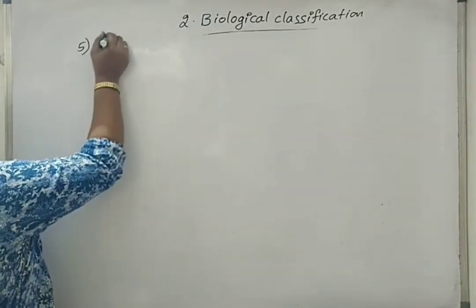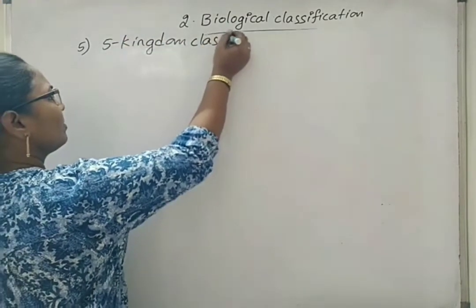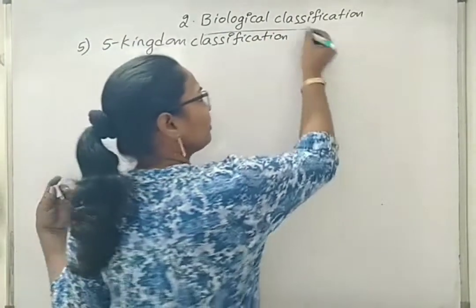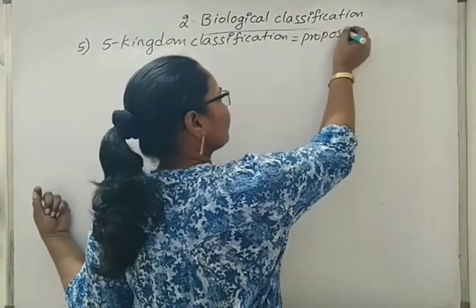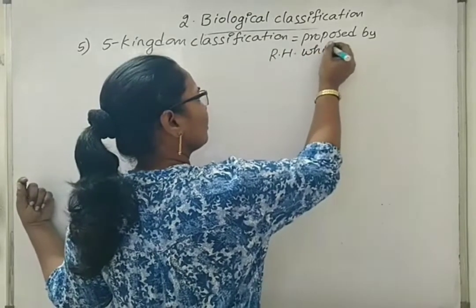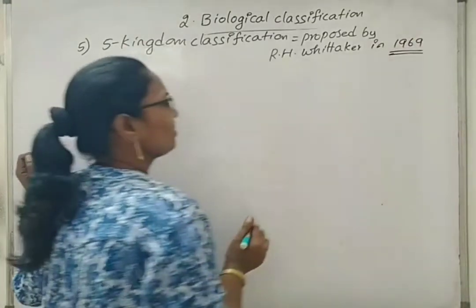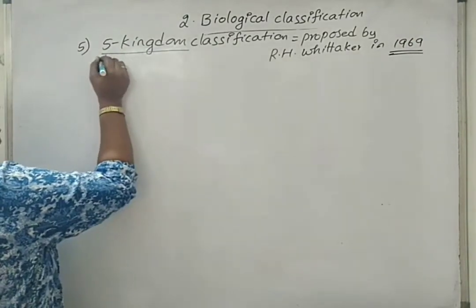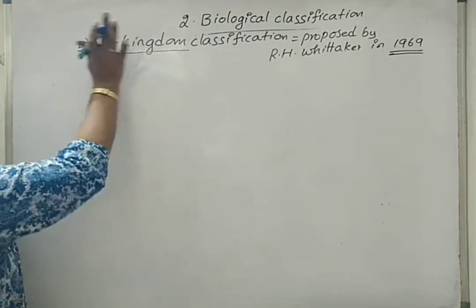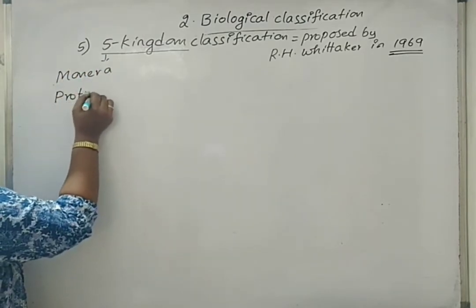Next one is five kingdom classification. It is given or proposed by R.H. Whittaker in 1969. What are the five kingdoms? So we will write according to hierarchy.